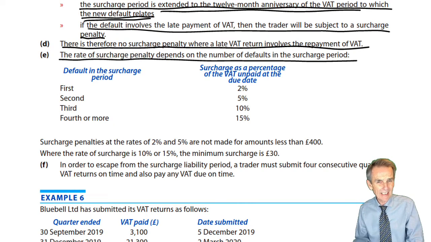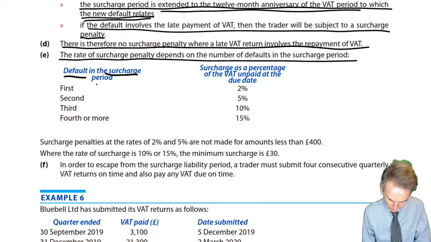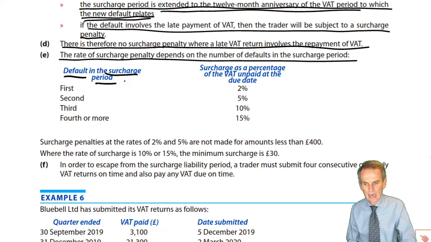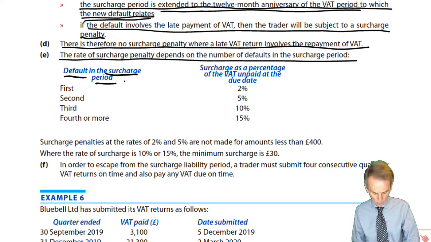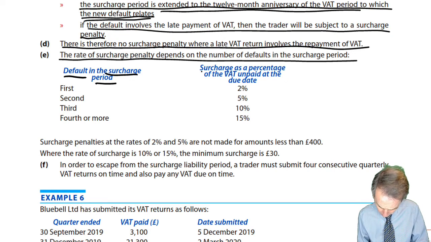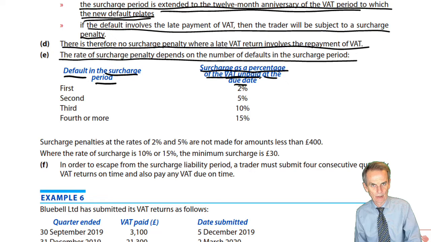So once the trader is in this surcharge period, how much surcharge penalty will they incur if they commit a further default within that surcharge period? As we said, the more you default, the bigger the penalty will be. The surcharge penalty is measured as a percentage of the amount of VAT unpaid at the due date.